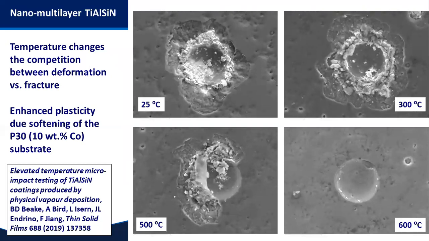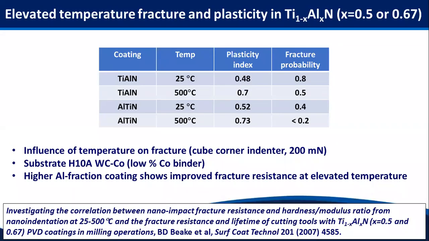And this is down in this coating system primarily to enhanced softening of the substrate underneath, because the coating system itself actually retains some really quite high hardness up to 600 degrees. But the high cobalt fraction in the substrate leads to enhanced softening.